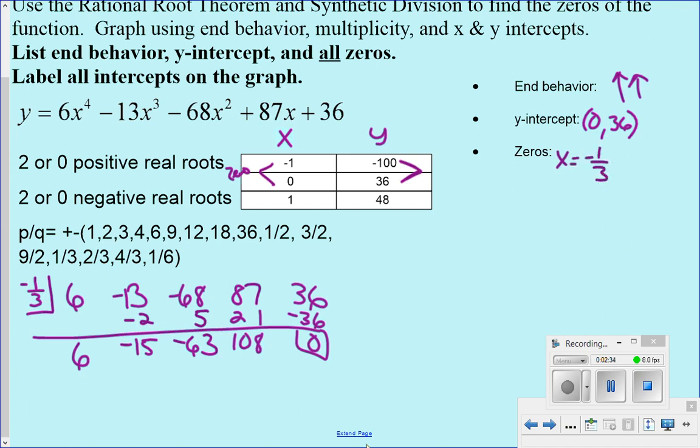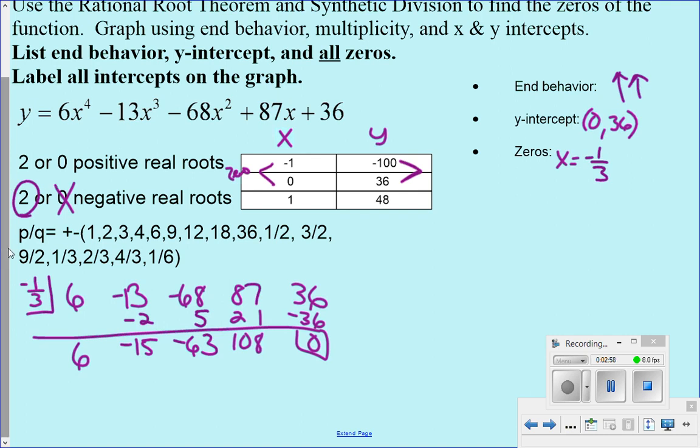From here, we know that there are 2 or 0 negative real roots, and we just found 1 negative real root, which means 0 is out. It has to be 2. Also from Descartes, I know there's 2 or 0 positive real roots, but I don't know whether there are 2 or none.